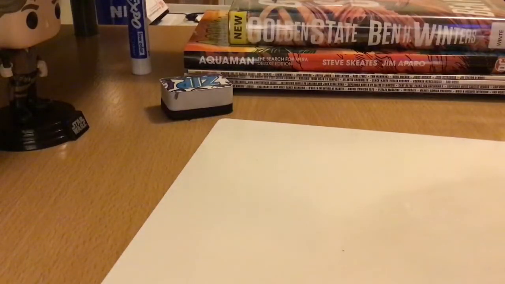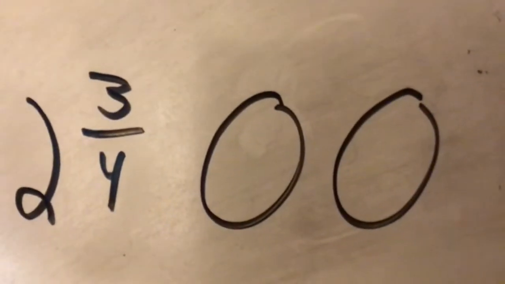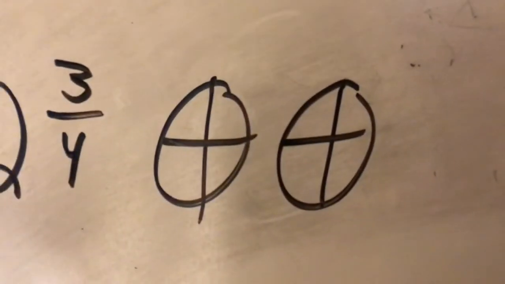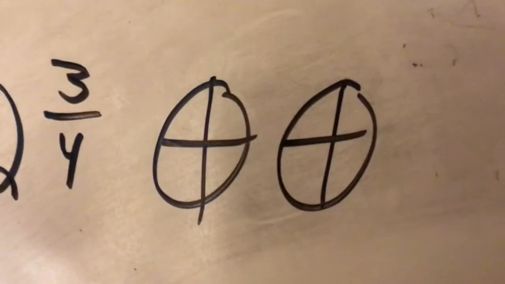Okay, so we have 2 3/4 here. Let's just look at it represented by, say, maybe some giant cookies. Okay, so I'm going to draw quickly 2 giant cookies because we have 2 whole cookies, right? And if we know that they're split into fourths, then we can break that up and we see our 2 cookies there that are split into fourths.